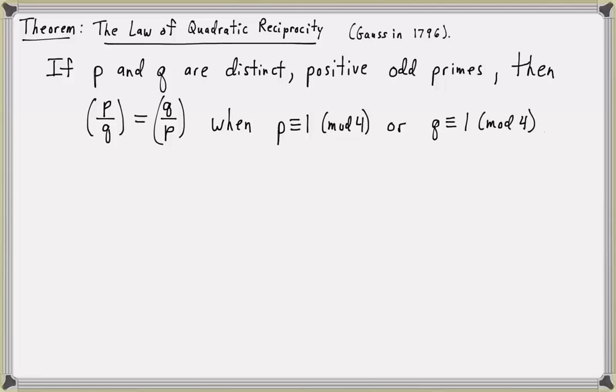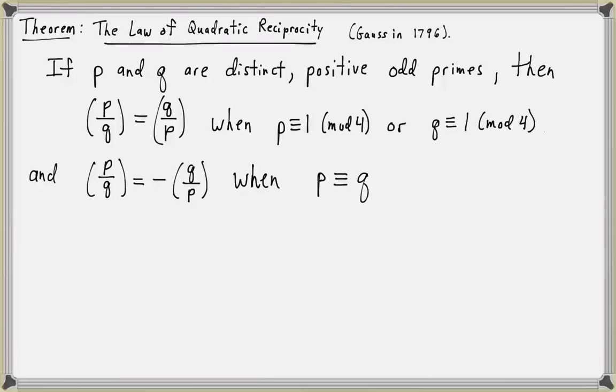If it happens that p and q are both congruent to 3 mod 4, then the Legendre symbol p over q will be equal to the negative of q over p. So this occurs when p and q are both congruent to 3 mod 4.